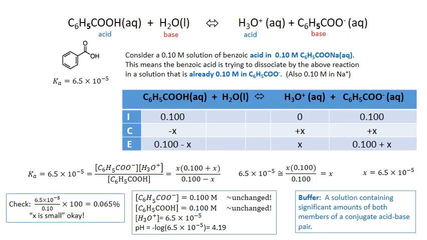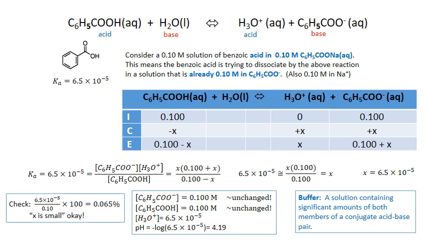So here it is. It was benzoic acid plus water makes H3O plus and benzoate. And we did the calculation. We started with 0.1 molar of benzoic acid and 0.1 molar of sodium benzoate. Look now how it turned out at the bottom there.